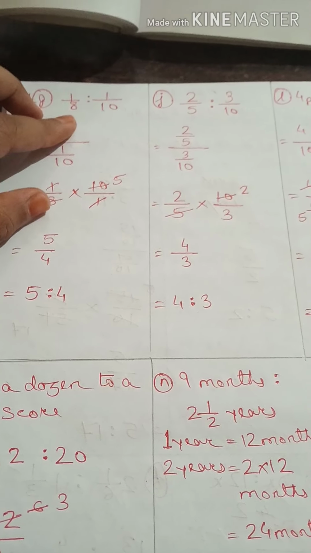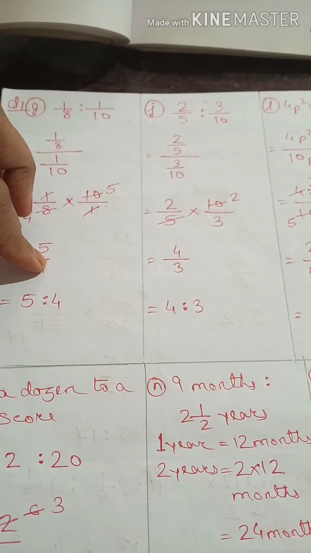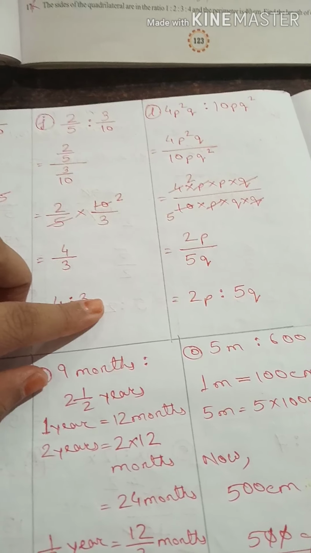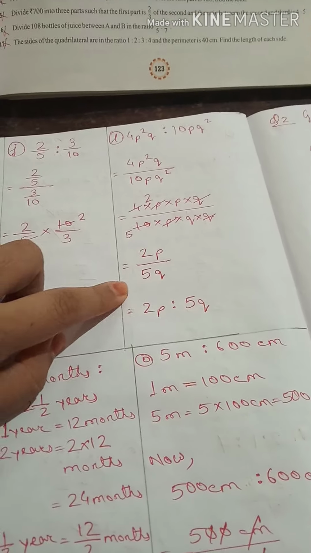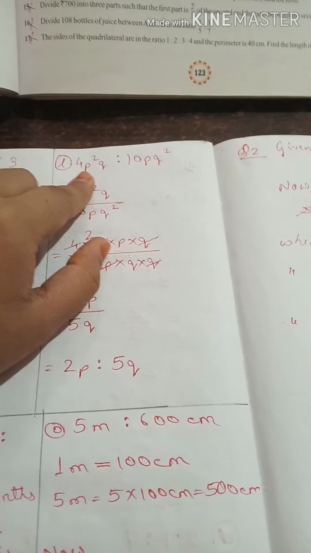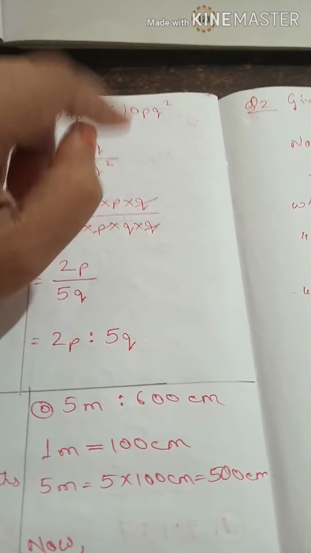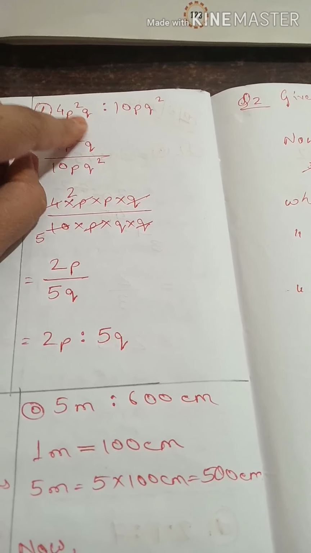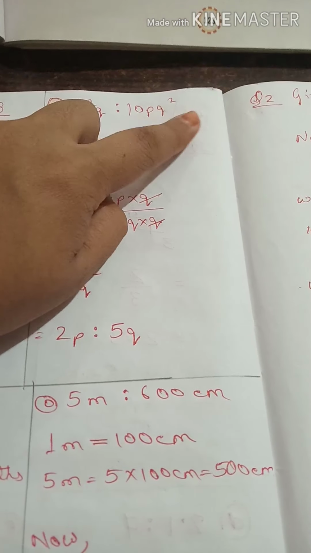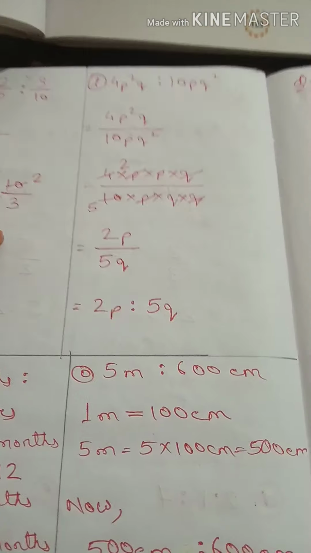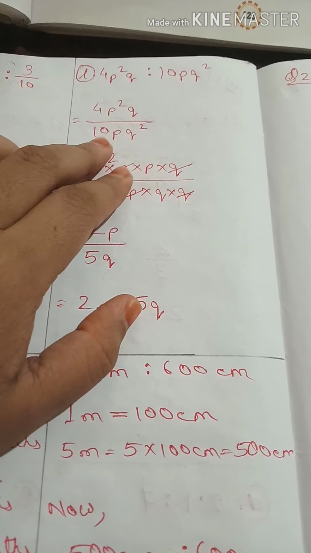Next, 1 by 8 is to 1 by 10. It is the same, so this one is also as it is. Come to number L. 4p square q is to 10pq square. Now p square means p into p and q square means q into q. At first we'll write it in the divisional form, then we'll break both these numbers.